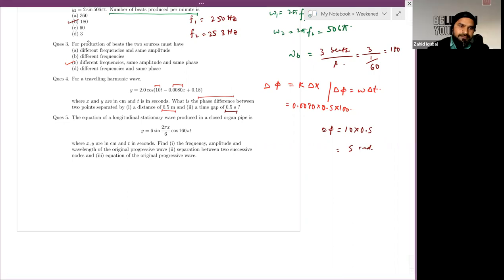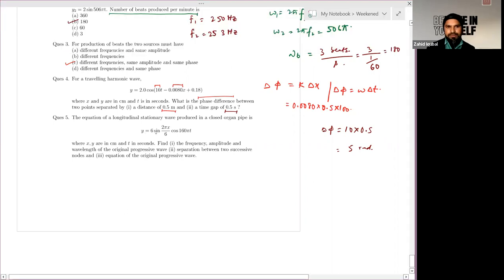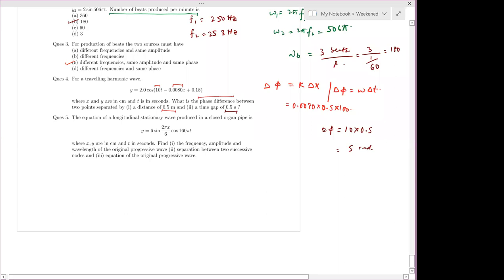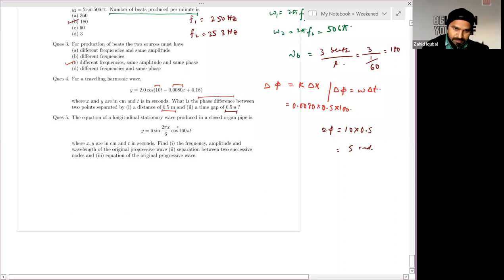In last question, we have y is equals to this. Matthew, just tell me, is it traveling wave or stationary wave? It's a stationary wave. Good. We have to calculate frequency. So this part will define you omega. This part will define you K. And this part will be total amplitude. So total amplitude will be twice of individual.